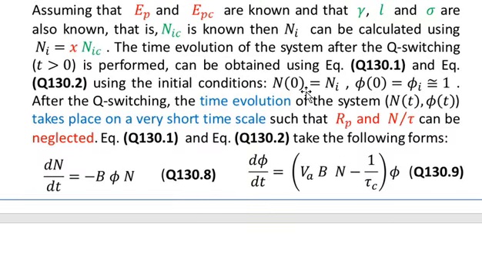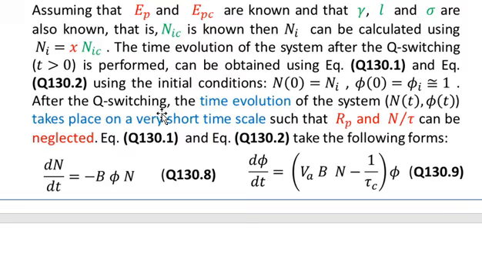So under these conditions, that is inversion at time t equal to 0 equal to Ni, and the photon number at time t equal to 0 equal to phi i. Here we are talking about time t equal to 0, the time at which the Q switch is made open, that is set in the open state.